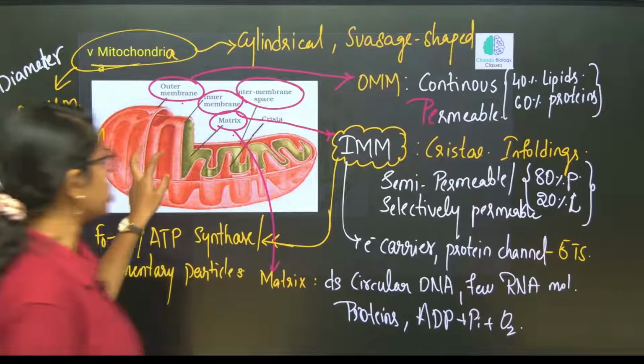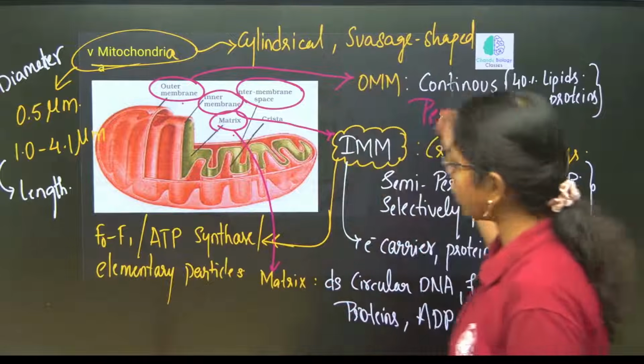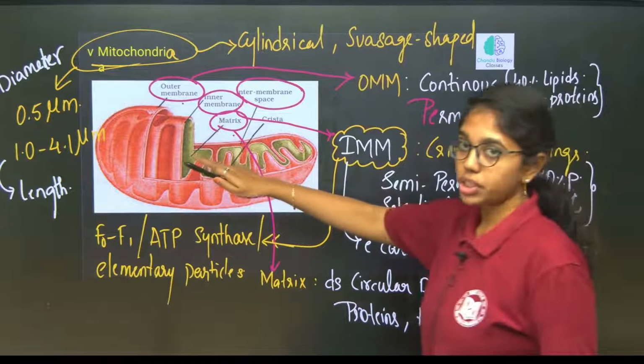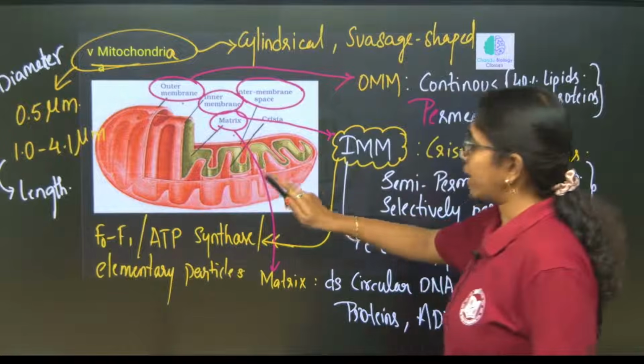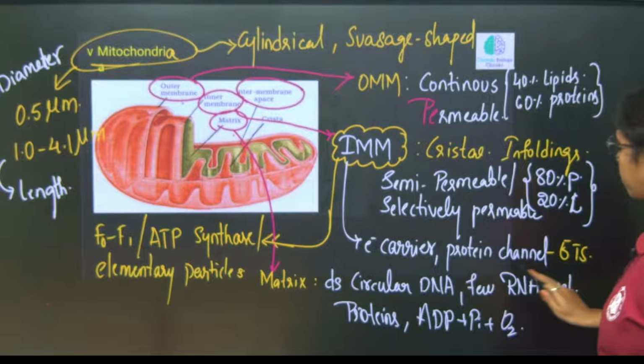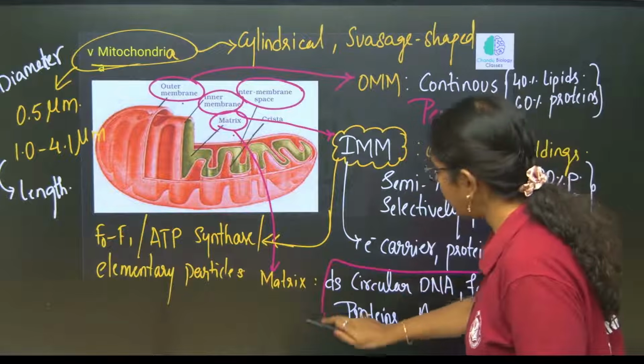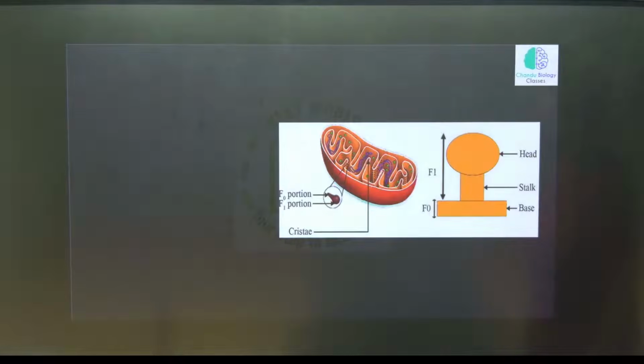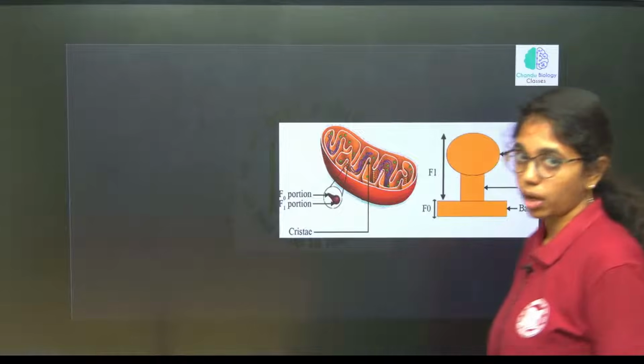Mitochondria, which is a double membrane bound organelle: outer mitochondrial membrane, inner mitochondrial membrane, what is present in the intermembrane space, and what are the components present in the mitochondrial matrix. This and all are important. Now we will be looking into the functions of mitochondria.